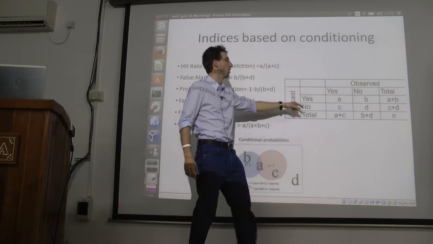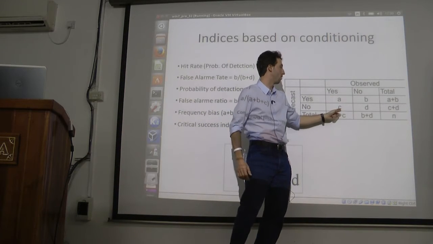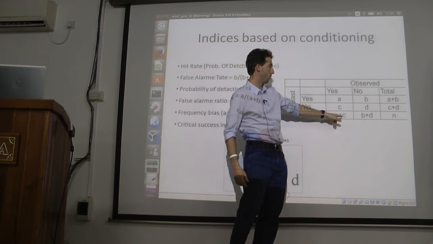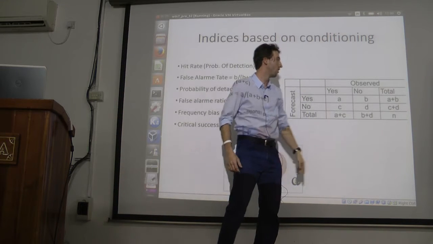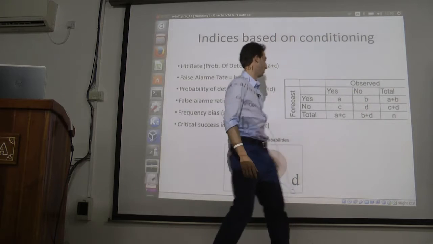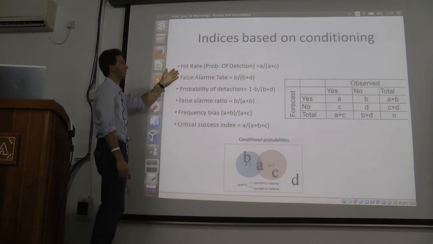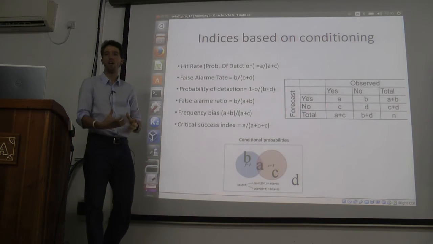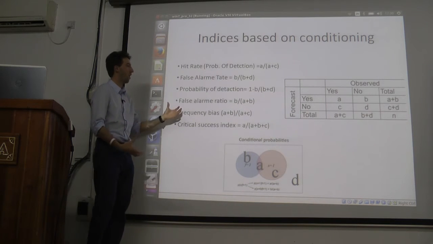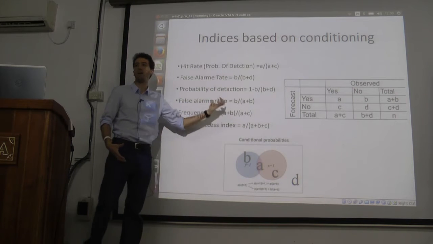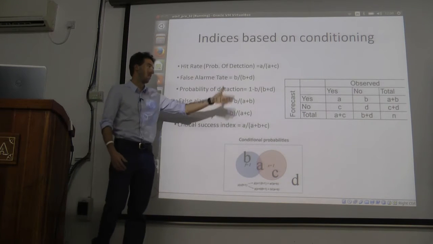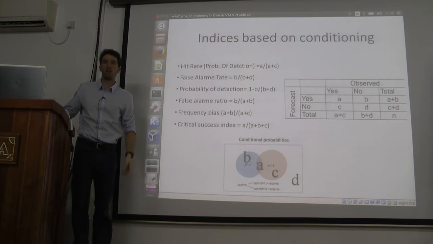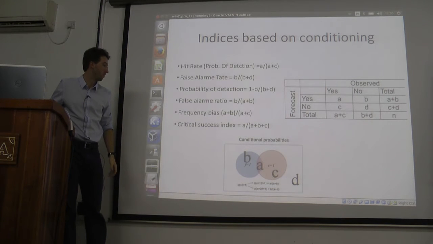So if you define the values here as A, B, C, and D, and here will be A plus C, B plus D, and the total, whatever you decide, you define objective values to evaluate your model based on a simple table that can easily be done.